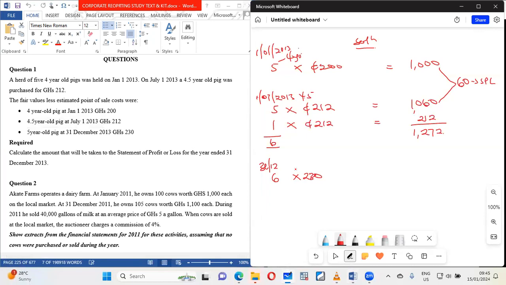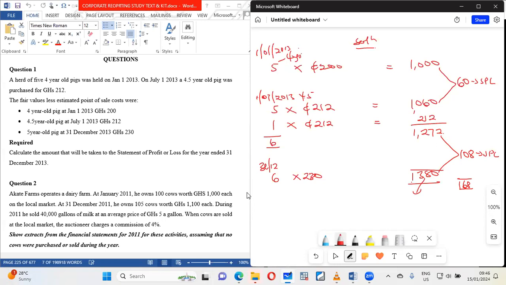So 230 by 6 animals gives me 1380, telling me that there is another change in fair value. Compared to 1272, that gives me 108, which will also go to the SPL. So in the same year, the total amount going to the SPL is 168. And the amount going to my balance sheet is my closing balance. That's how simple it is.